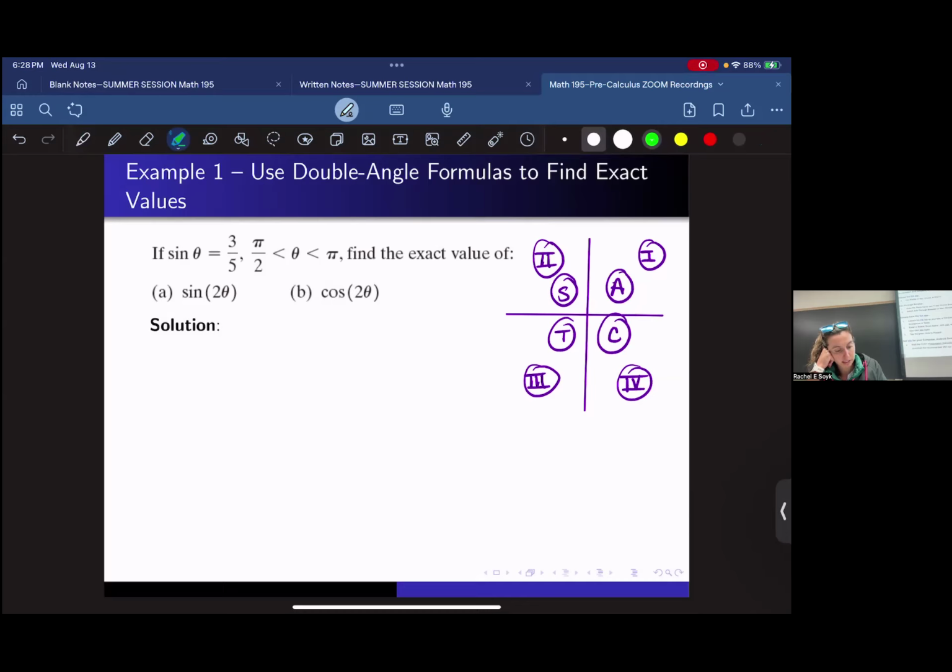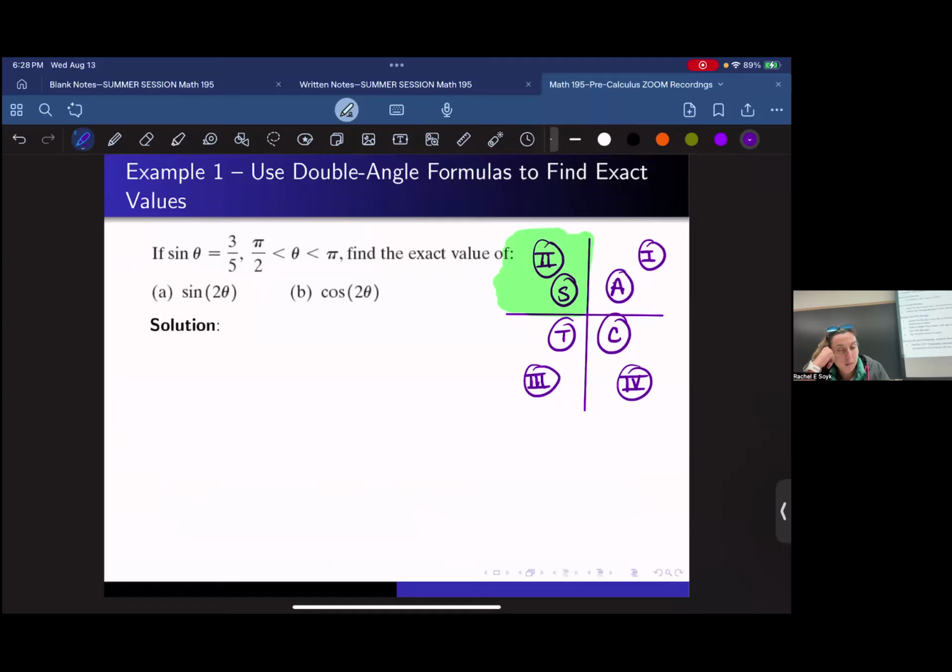We are between 90, aka pi over 2, and pi, 180. So we're in this second quadrant, which tells us that our sine is positive. Something to be mindful of as we apply our double angle formulas and are dealing with cosine too, because then cosine will jump into the negatives.